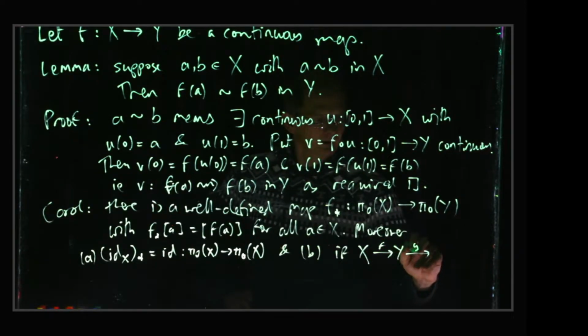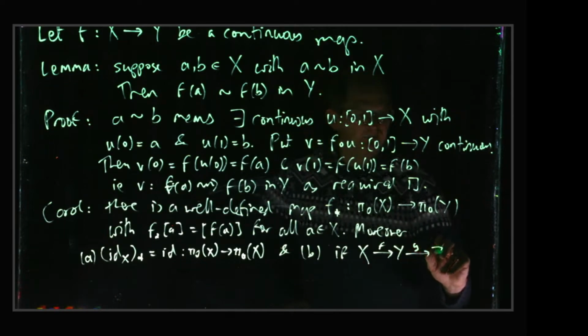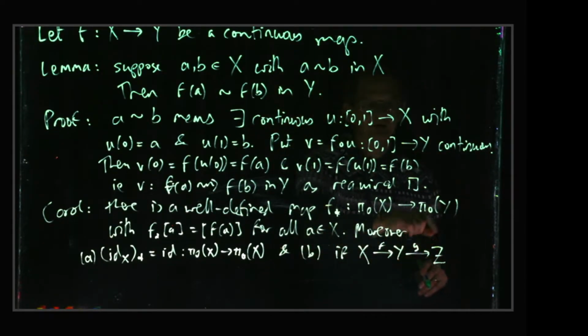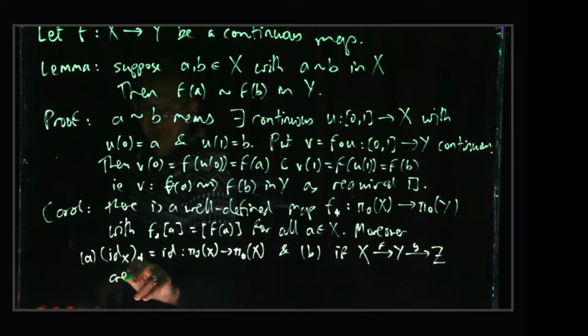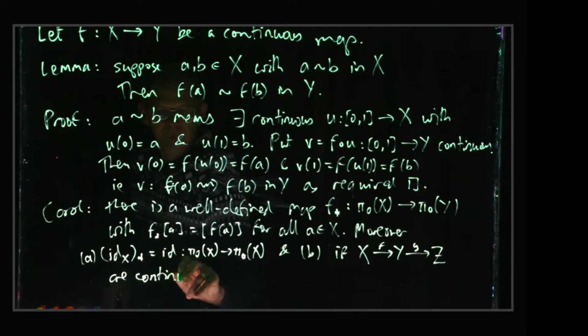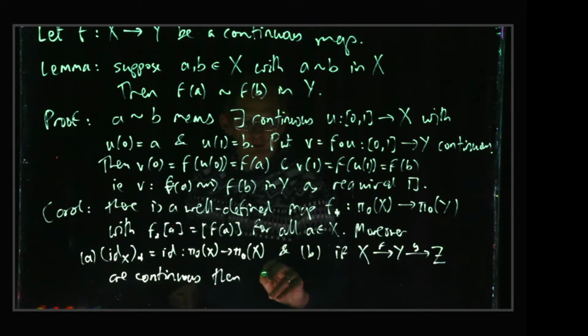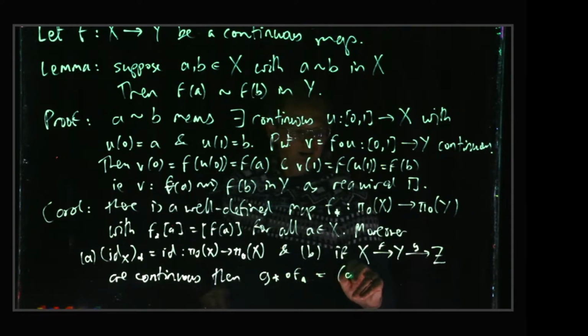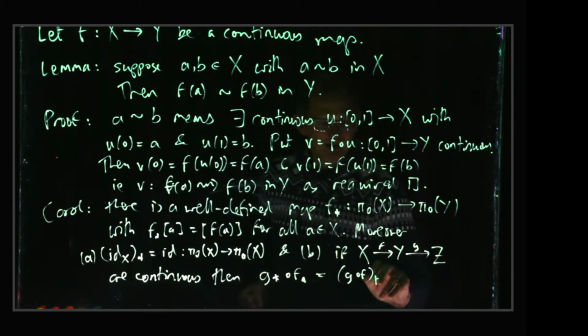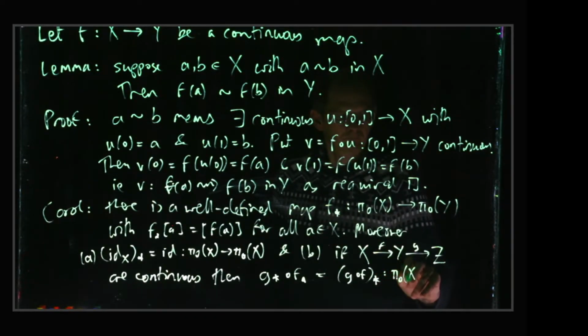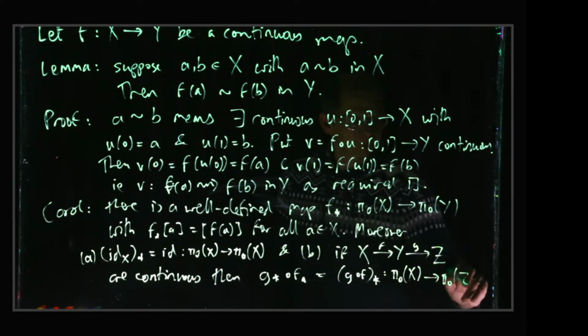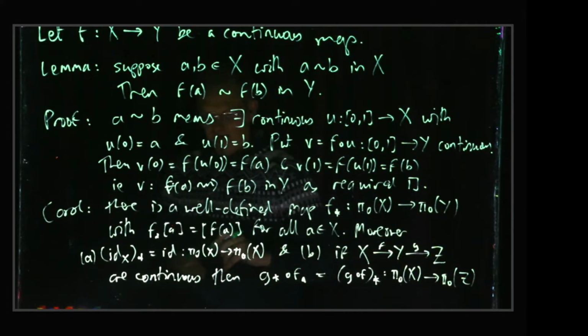And then, just a tiny bit less trivial: if we've got continuous maps f from X to Y and g from Y to Z, then there's two ways we can go from pi0 X to pi0 Z. One way is to do g star and compose it with f star. The other way is to do the composition first and then do the starring operation. Okay, so that's our claim here.